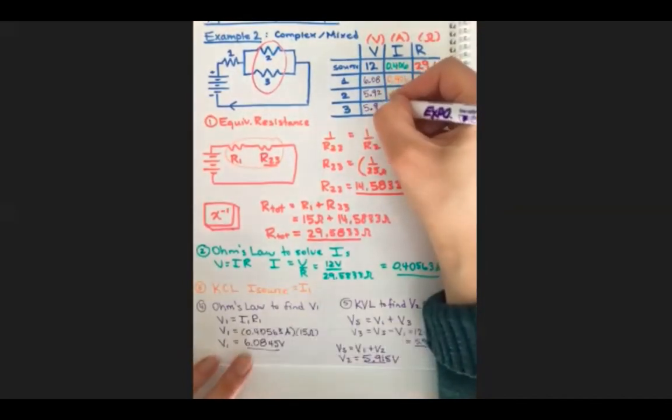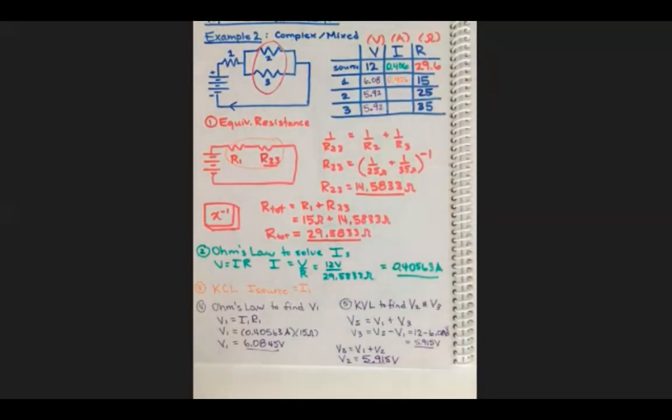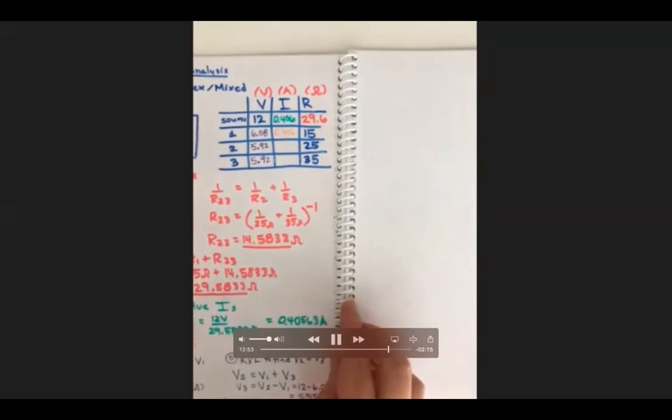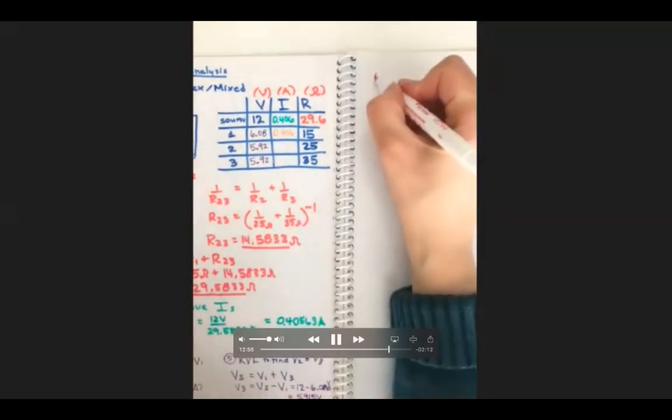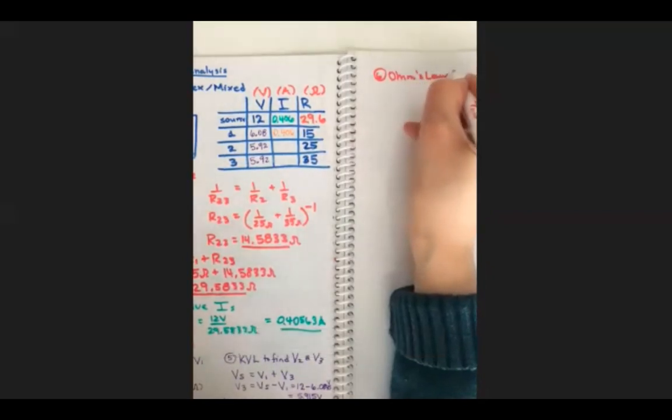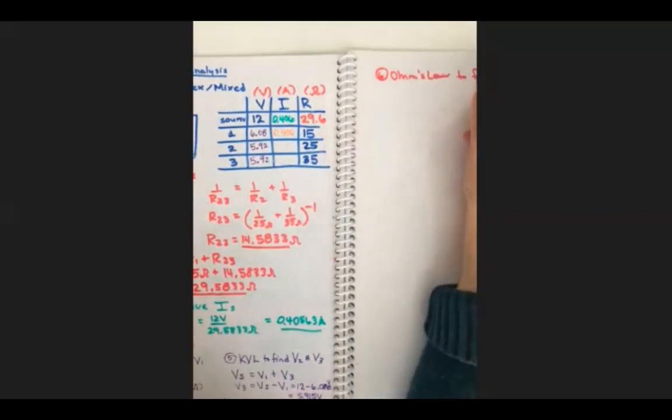And these two voltages are the same because they're parallel branches. And then our very last step, we can use Ohm's law. I'm going to do that on the next page. So good old Ohm's law to find V2 and V3.